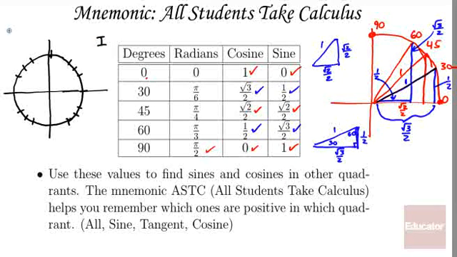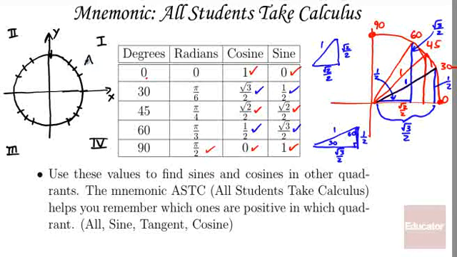So let me show you how you remember that. 1, 2, 3, 4. Remember that the sine is the y value and the cosine is the x value. So in the first quadrant, both the x and y are positive, and so sine and cosine are going to be positive.